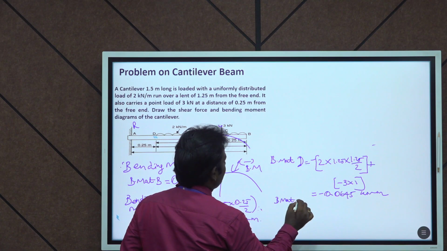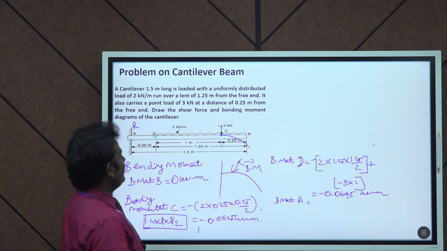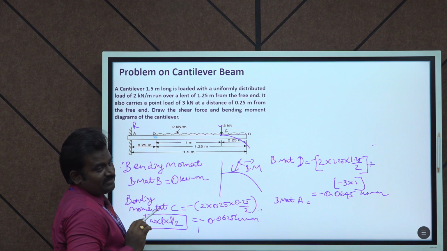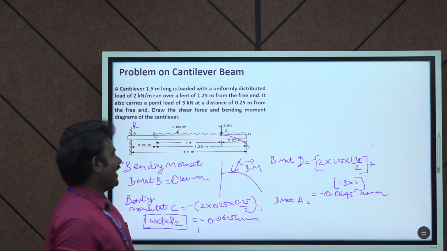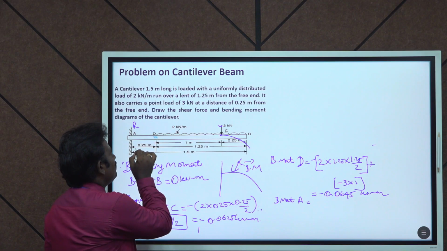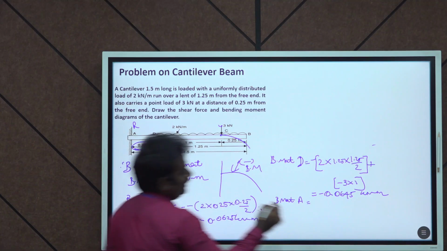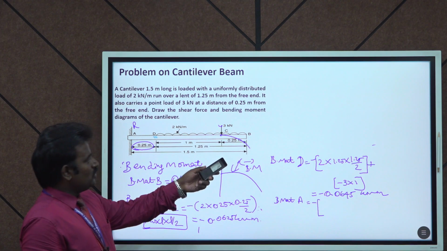Then bending moment at point A. Between A to D there is a gap, so between A to D no load is acting, but we consider this distance while writing the formula for the UDL load.